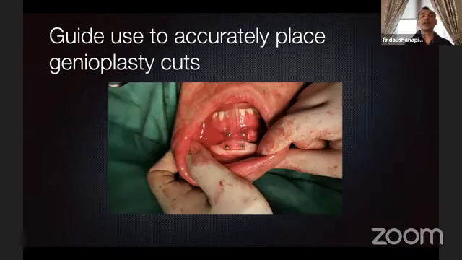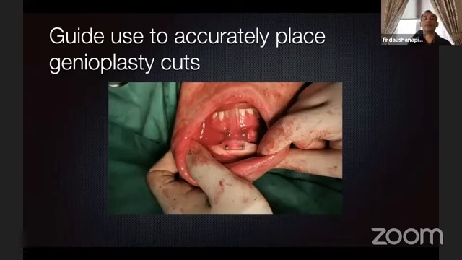So we did a guide to use. As you can see here, this is the guide to do the genioplasty cut, and it's a very accurate guide. That guide gives us where to trace where we should cut the anterior mandible, where the chin level is, and we slide it forward.